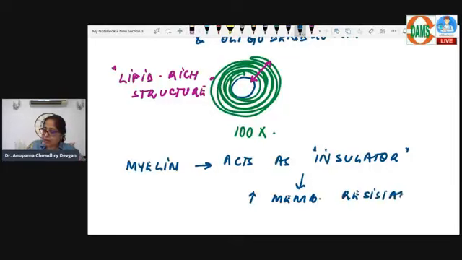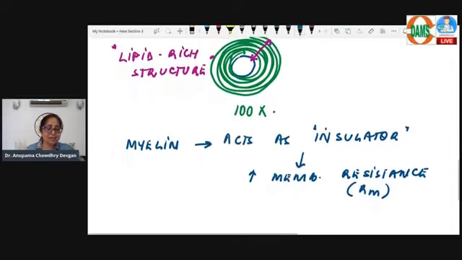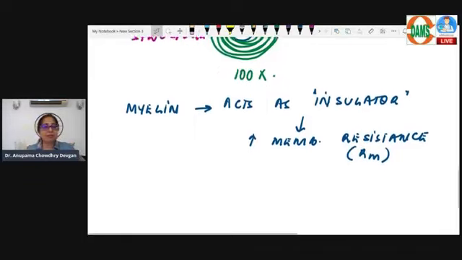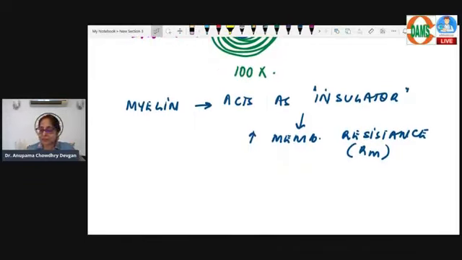Membrane resistance is written as Rm. It increases the membrane resistance, which is known as Rm.